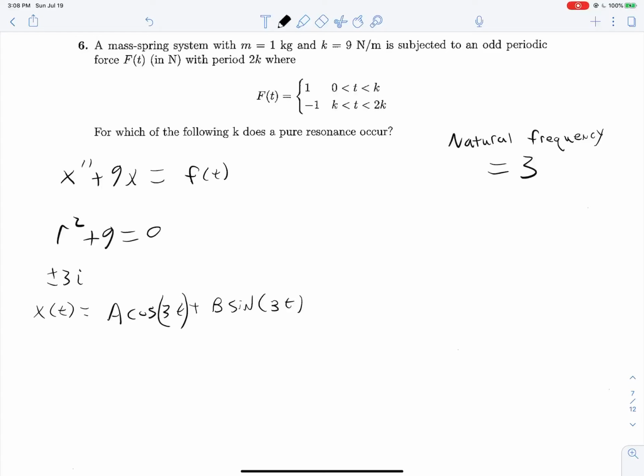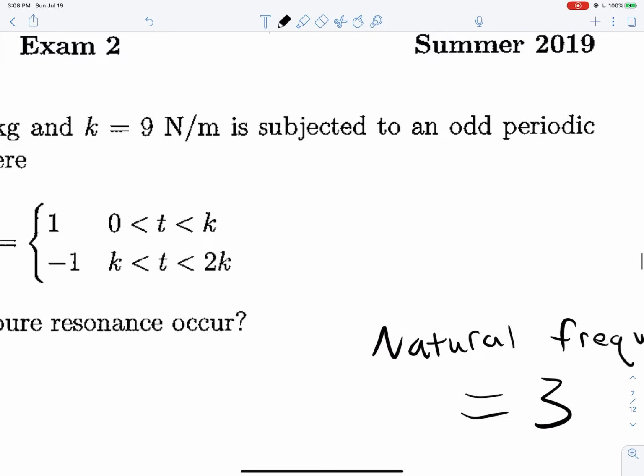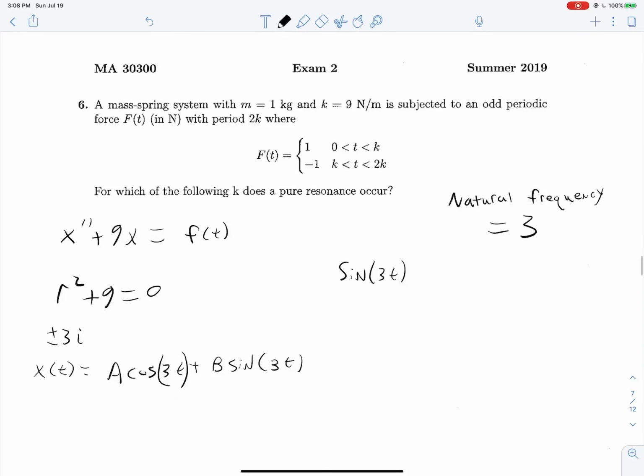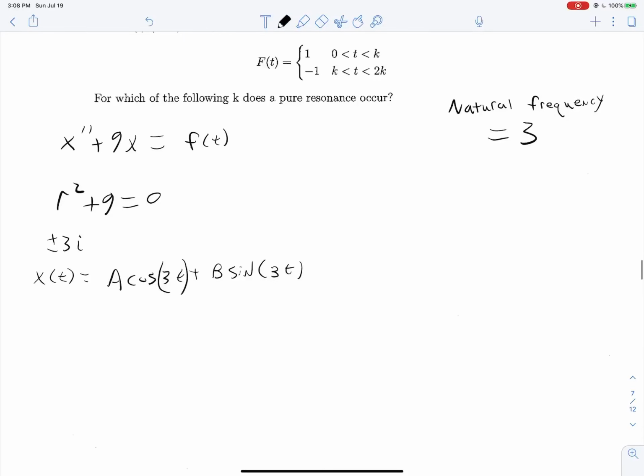If we get a sine of 3t in there, and since this is an odd function, we will be using a sine series, no cosine action here. Since we're using a sine series, if we get a 3t in there, that will give us resonance. So we're just looking for the k that makes that happen for us. So let's set up our equation for the Fourier series of f of t.